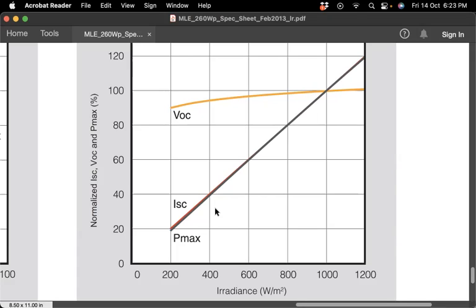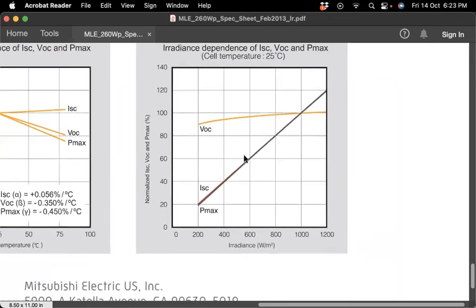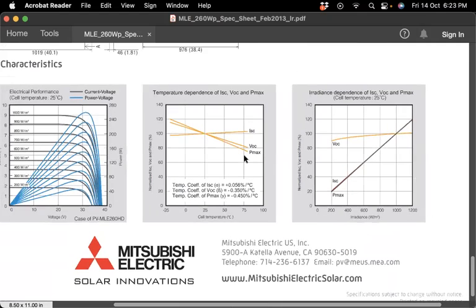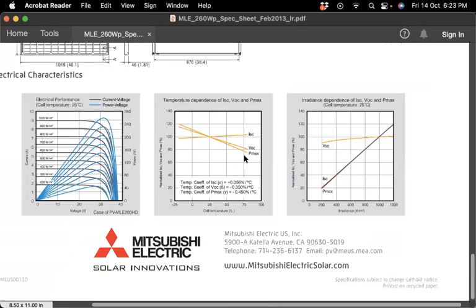And as I mentioned, it's a logarithmic relation. So these are the two common environmental parameters affecting solar cells, the irradiance and the temperature.